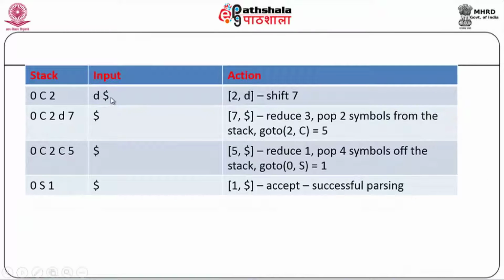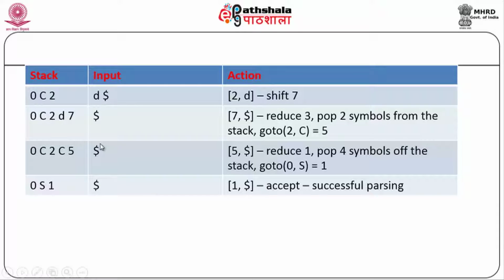So 2 comma D is shift by 7. So you shifted D and 7 onto the stack. There is a dollar available here. 7 comma dollar, reduce by the third production, which means popping 2 symbols off the stack and computing goto of 2 comma C, which is nothing but 5. So C5 is pushed on the stack.